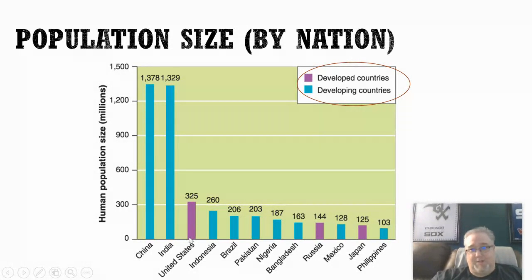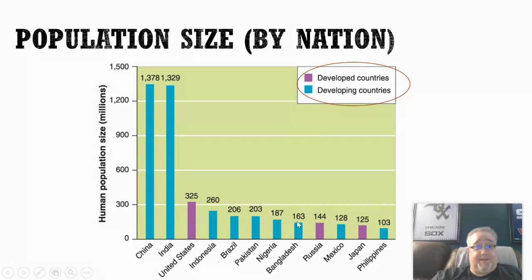The United States, which is the third most populated country in the world, you see where they are, see where we are. We're way below them. But what I want you to understand about these two countries is that both China and India are developing countries. In fact, all these countries that are in blue are developing countries, whereas the countries that are in purple are developed.